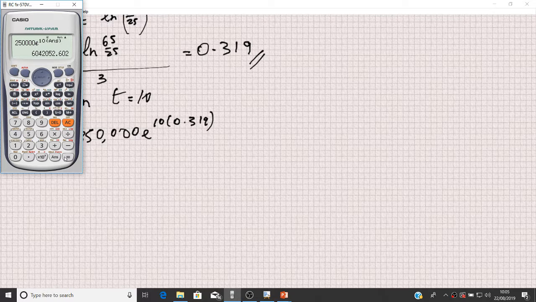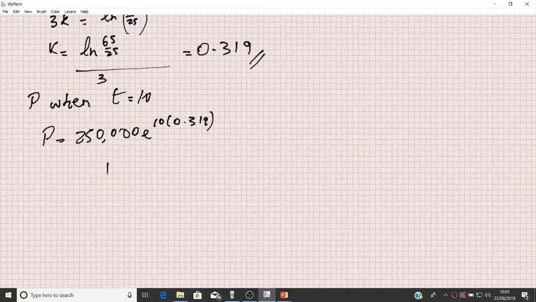So we now have a population of 6 million, it's a very large number, it's 6,042,053. So P equals 6,042,053. That's our final answer for example 1.